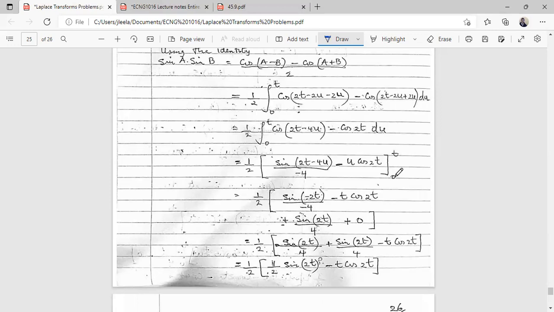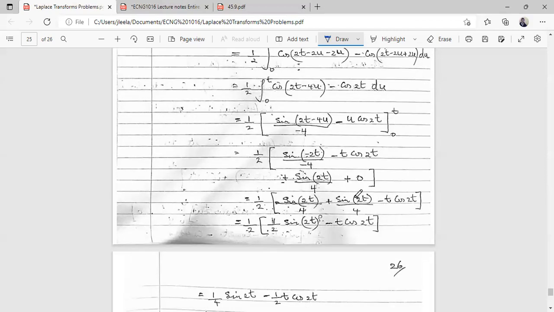So when u is t, you'll get sine(minus 2t) over minus 4, minus t cos 2t. And then you have to subtract, so that will be plus when you're adding the 0, plus sine 2t over 4, plus 0, or minus 0, because the u part multiplied by the cos 2t will give you 0.